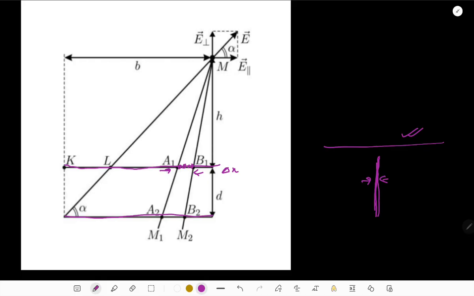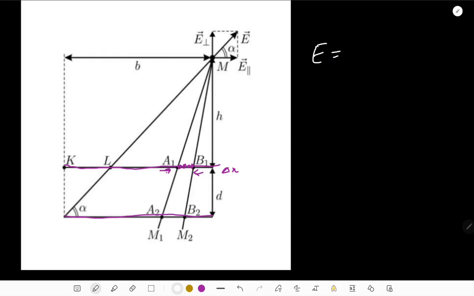Its thickness is here, and that is delta x. Things are getting messy here, but we have to recognize them in our imagination and try to solve the problem.